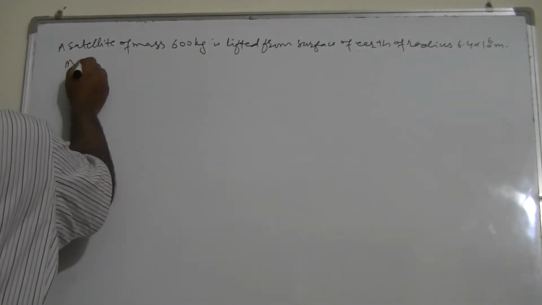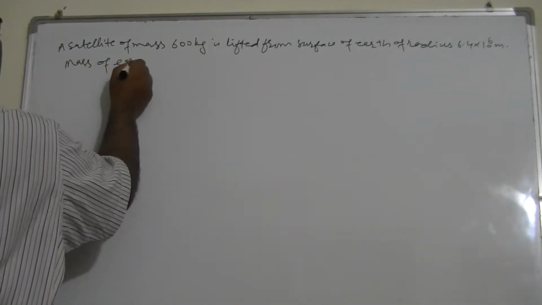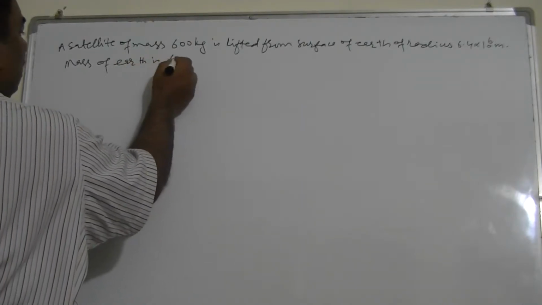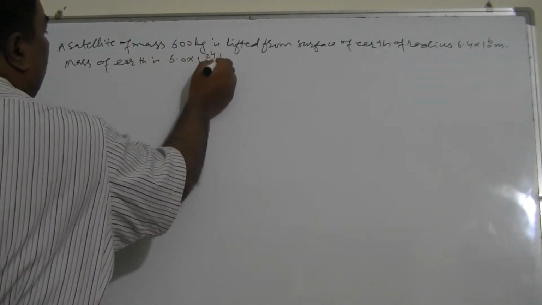Mass of the Earth is 6.0 into 10 power 24 kg.